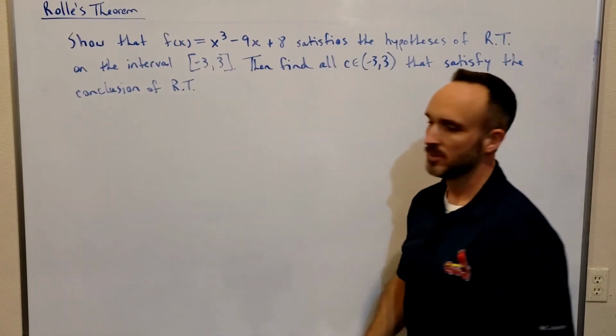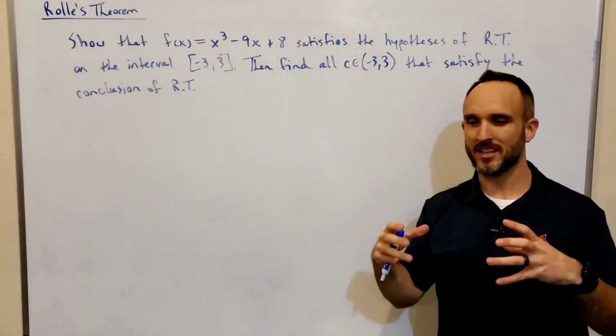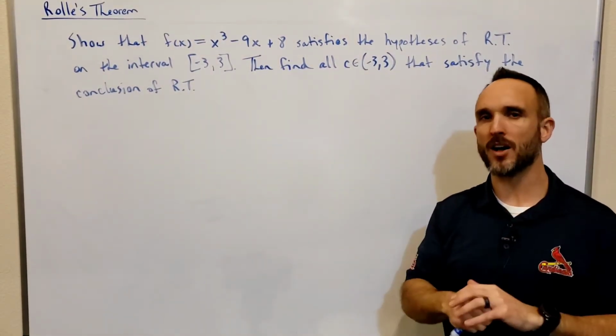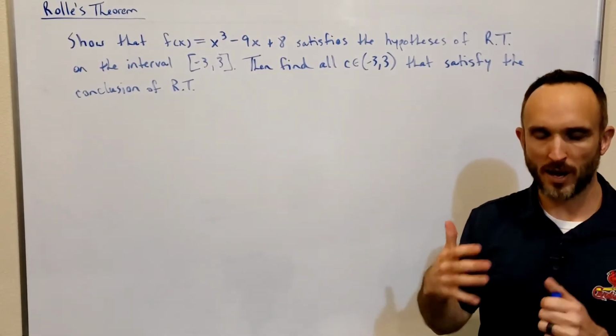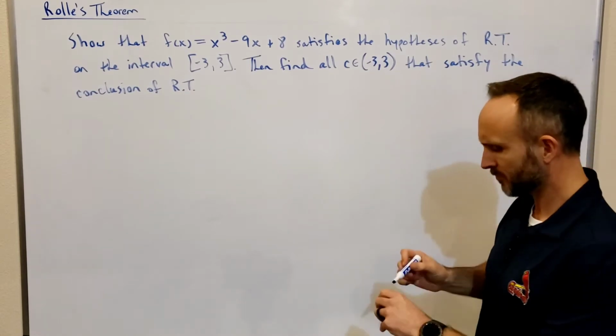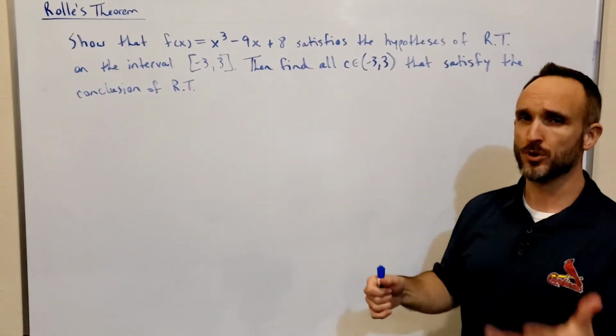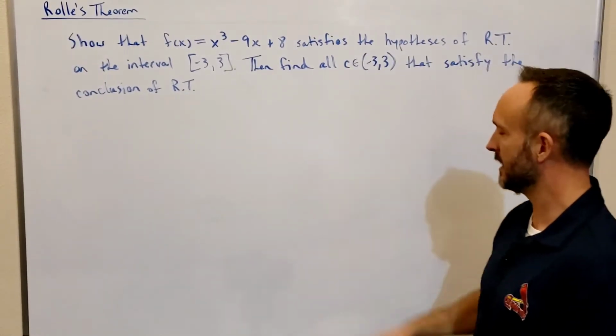Okay? So this is going to be an exercise in employing all the hypotheses and the conclusion of the theorem. You exercise theorems by practicing applying them lots of times, or you practice proving them. We're not going to do that here.